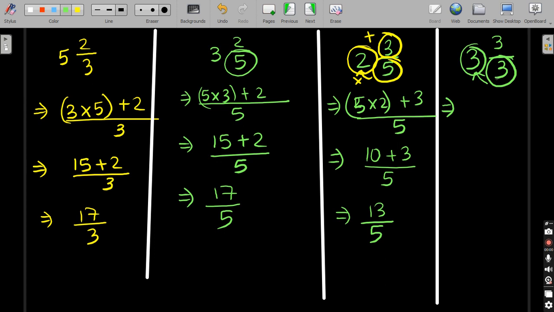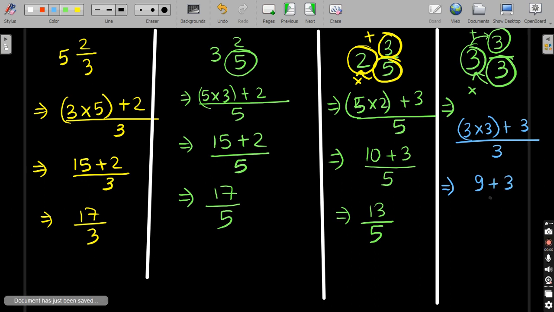First you multiply, and at the second stage you should do addition. I hope you got the logic. Now let us start. 3 into 3 multiplication, first, then addition. After that I get divided by 3. Now 3 3s are 9 plus 3 by 3. 9 plus 3, how much will I get, student? 9 plus 3 is 12 divided by 3.